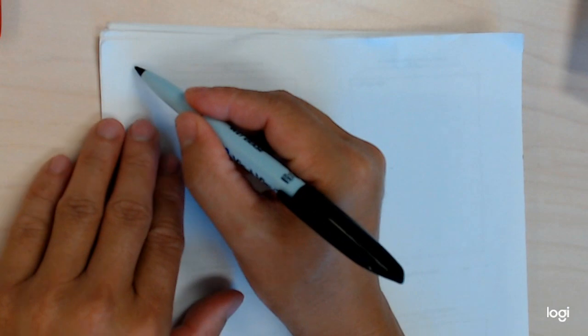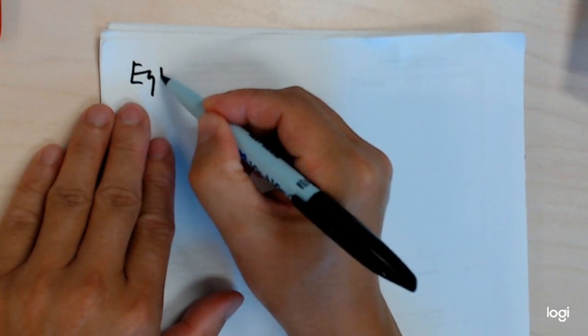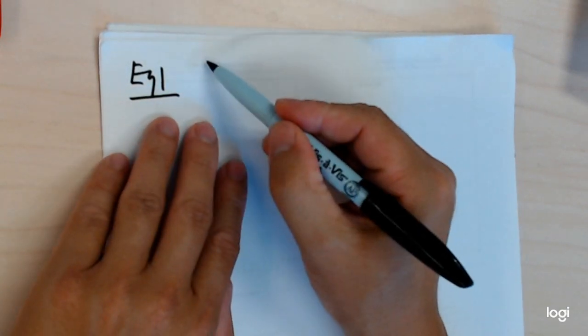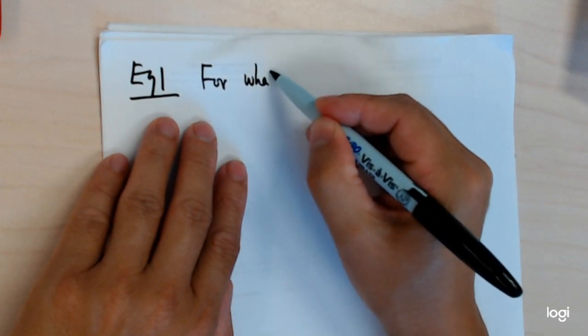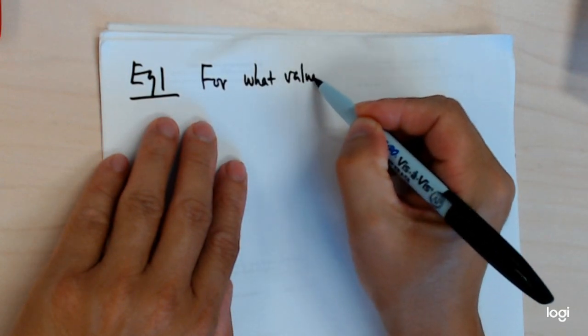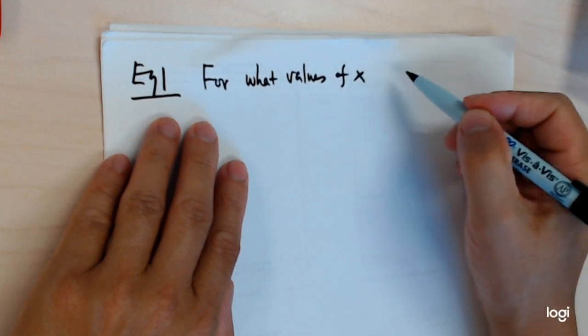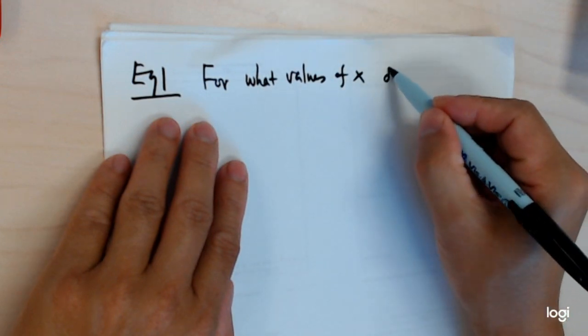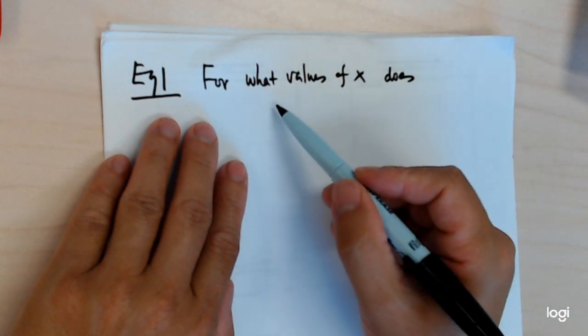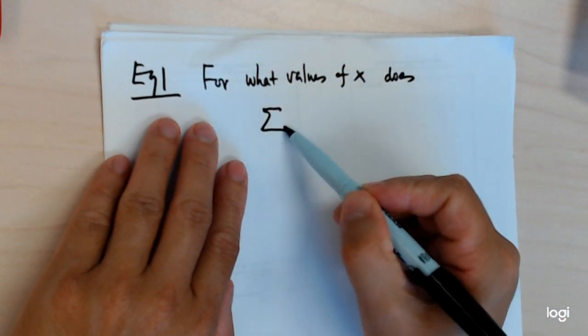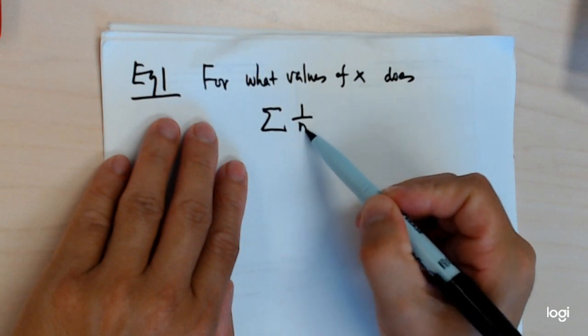So I start with a concrete example here. What are the x values that make this power series converge? And the power series looks like this.